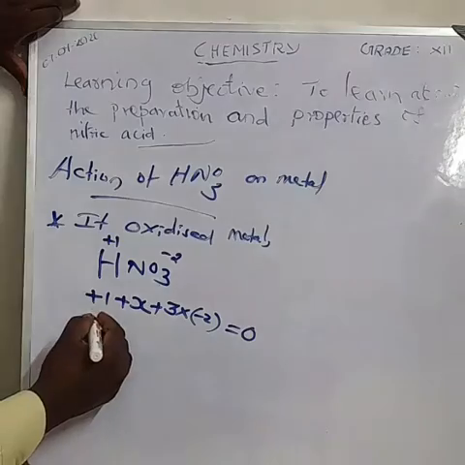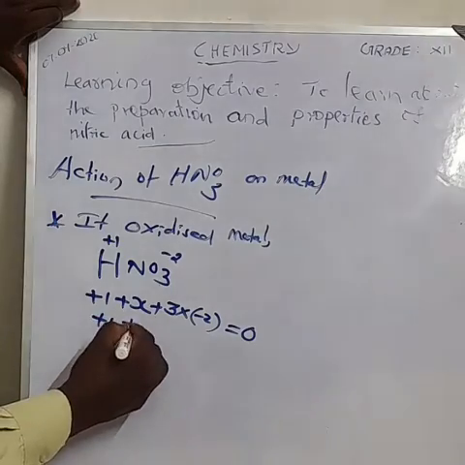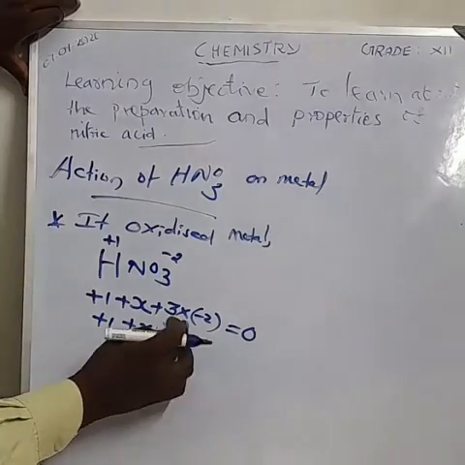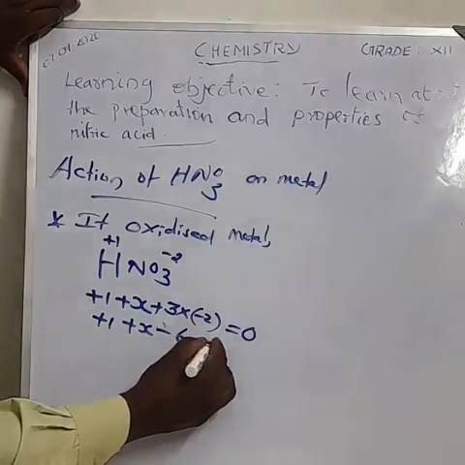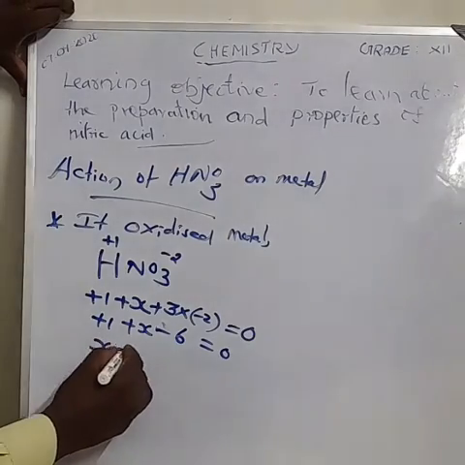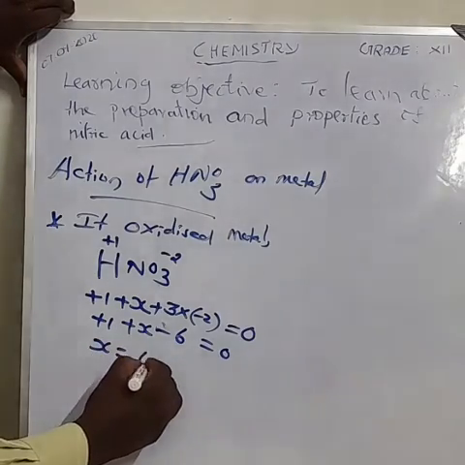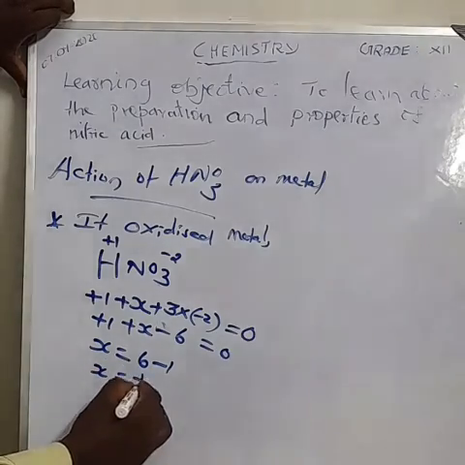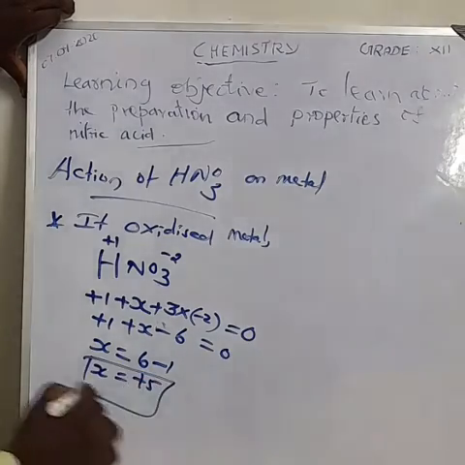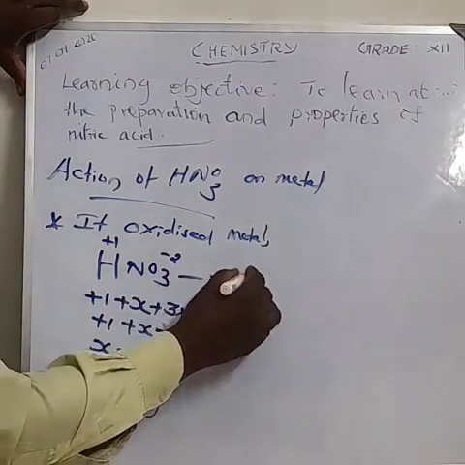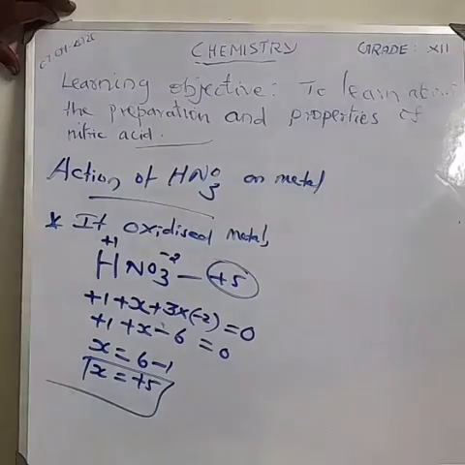So what's the answer? +1 plus X plus -6 is equal to 0. So X equals 6 minus 1. Am I right? X equals +5. So the oxidation state of nitric acid is +5. You should calculate each one.